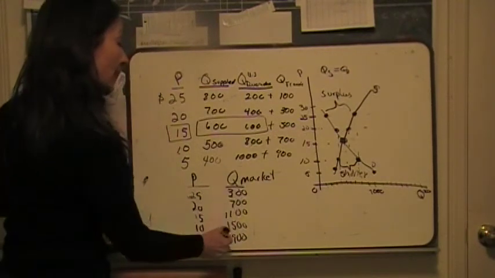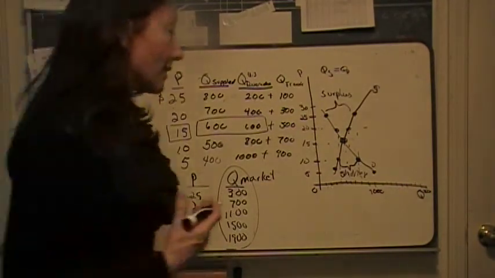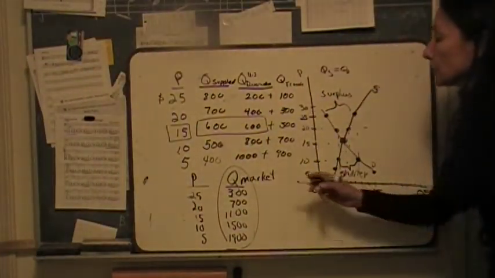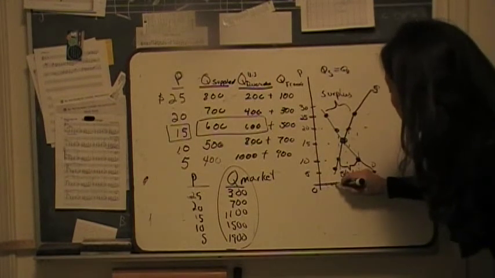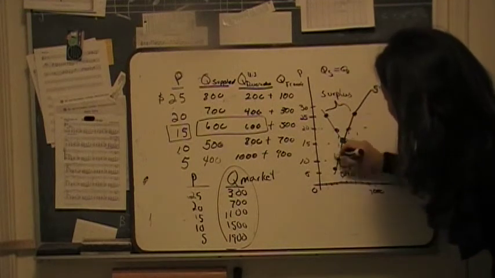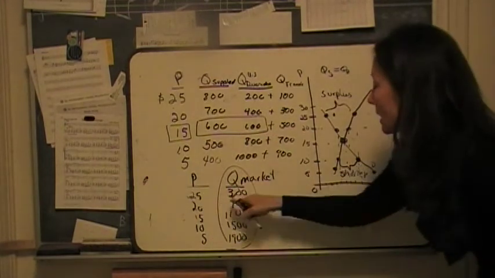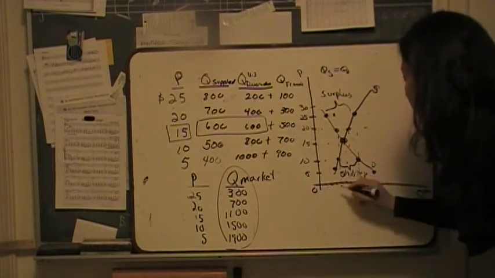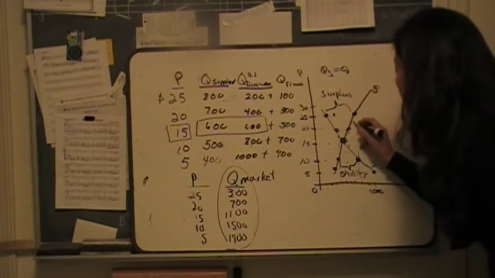Okay, so now this becomes our new demand curve at the different price points. So at $25, only 300 pounds are demanded. Okay, at $25, it's going to be a really small little marking there. At $20, 700 pounds, so it's 1, 2, 3, 4, 5, 6, 7.